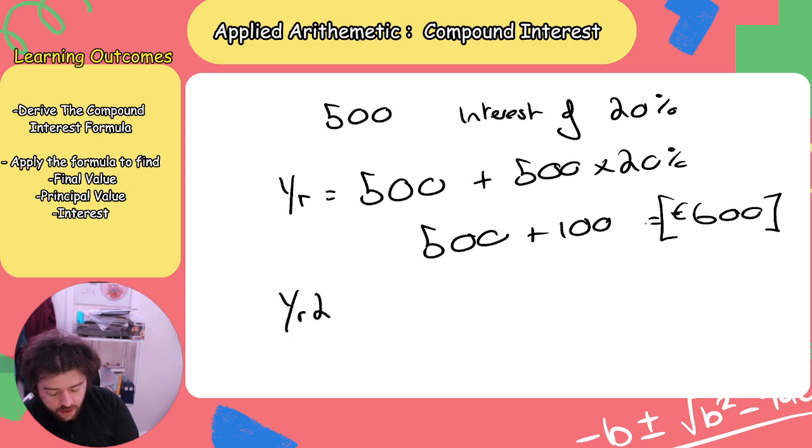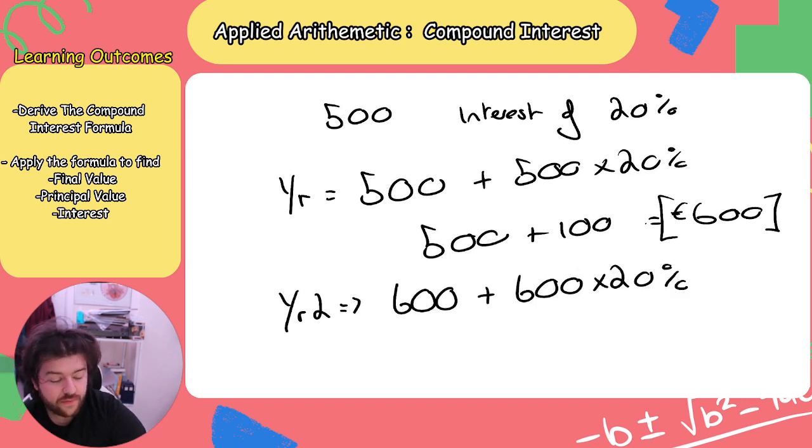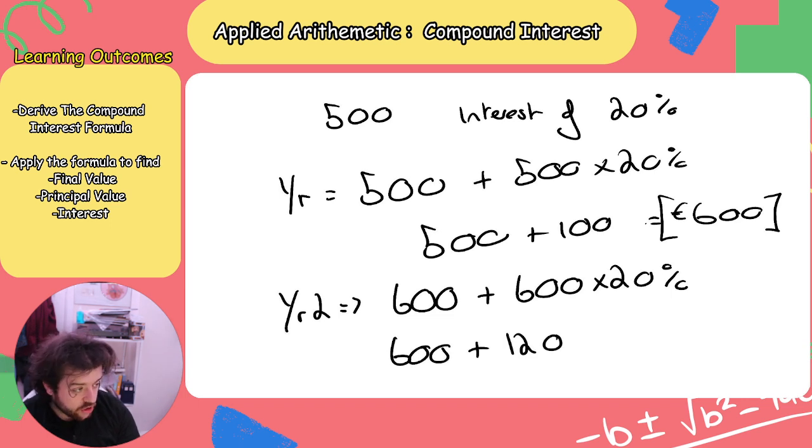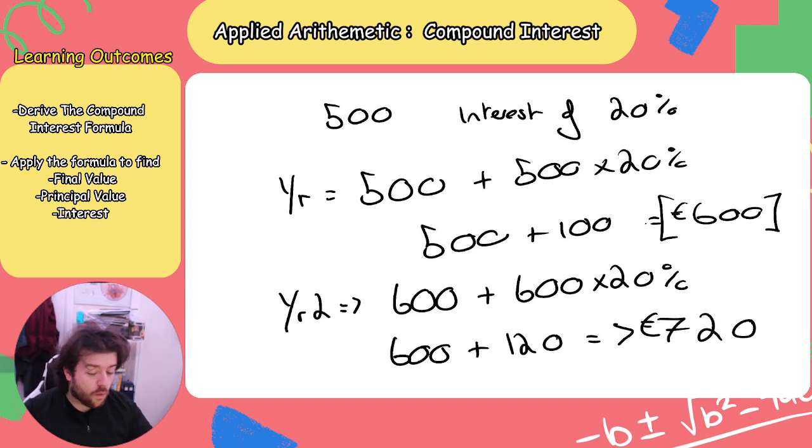So year two, you're now going to have €600 in that bank account, and now you're getting 20% of €600. So you're going to have 600 plus €120 interest. And at the end of the year, you're going to have €720 in your bank account, and so on and so forth. So that's how it works.